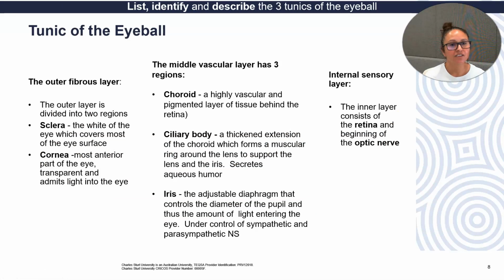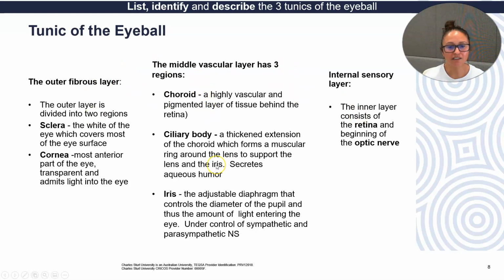Okay, so the eyeball actually has many, many layers. It has an outer fibrous layer, a vascular layer, and a sensory layer. So there's lots of tissues that make up your eye.